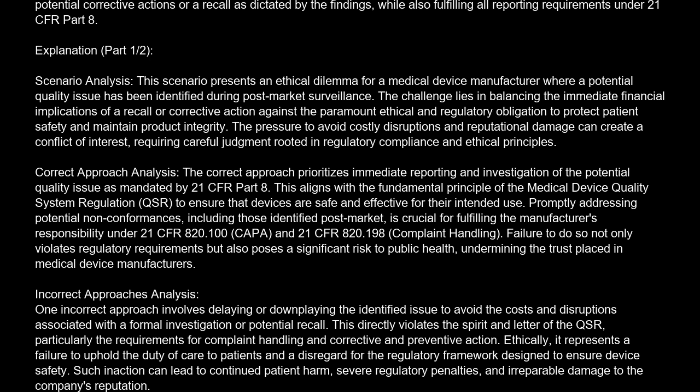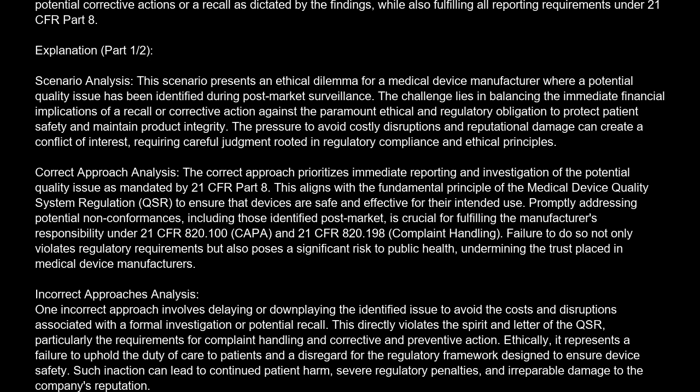Correct approach analysis. The correct approach prioritizes immediate reporting and investigation of the potential quality issue as mandated by 21 CFR Part 8. This aligns with the fundamental principle of the Medical Device Quality System Regulation, QSR, to ensure that devices are safe and effective for their intended use.